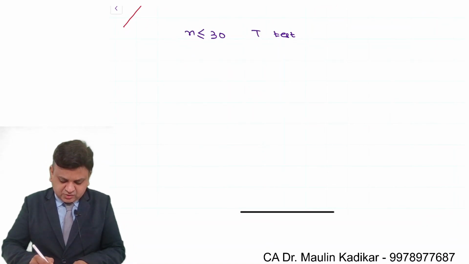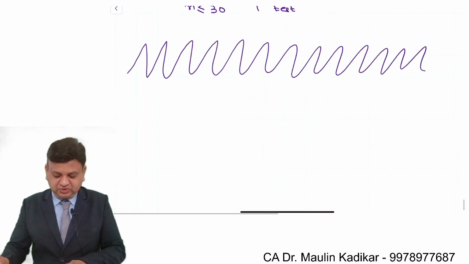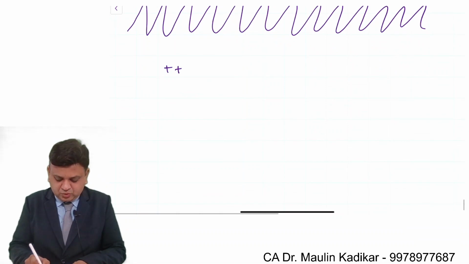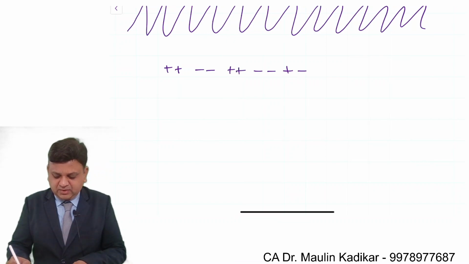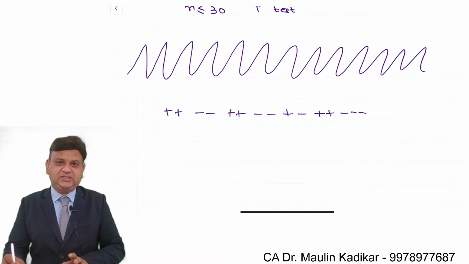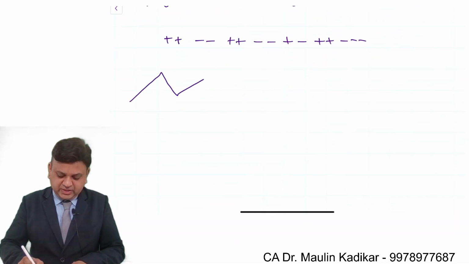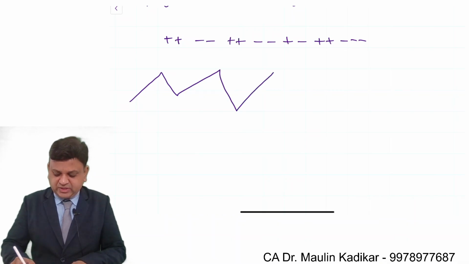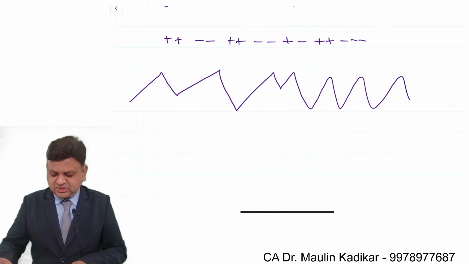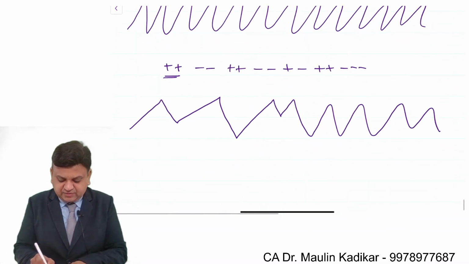If the prices are constantly moving like this, in a way that for 2 days going up, 2 days going down, 2 days going up, 2 days going down, 1 day going up, down, 2 days going up, 3 days going down, and the trend is like this, that is the uninterrupted sequence of the price change.